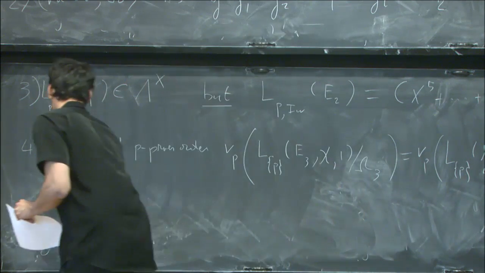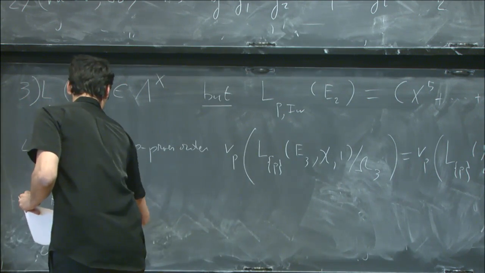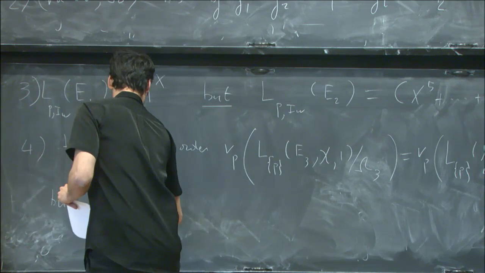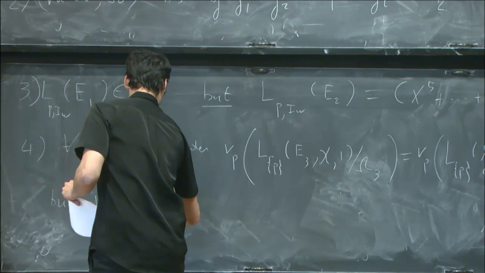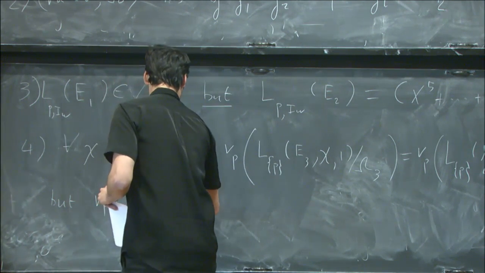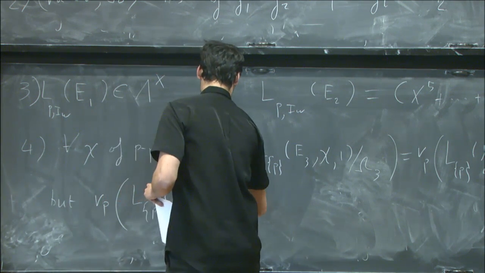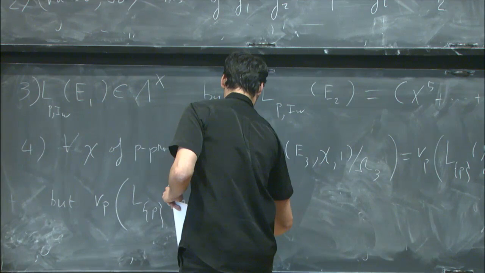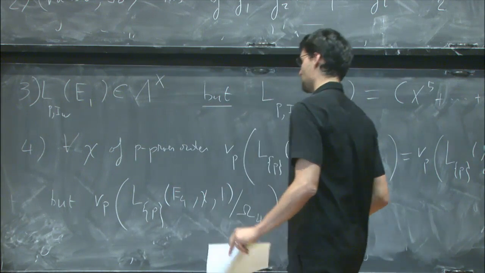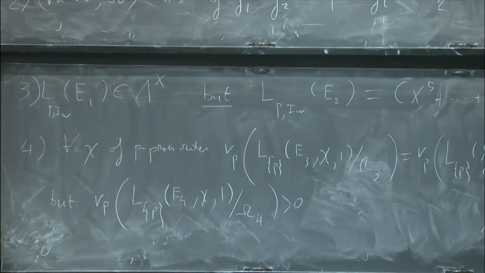But the p-adic valuation of the special value, Euler factor at P removed, of E4 twisted by any character of p-power order, that is always strictly positive. So the most naive answer that we could give to Mazur's question would be wrong.